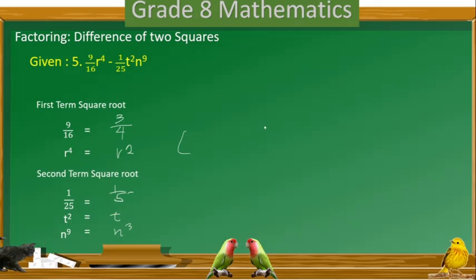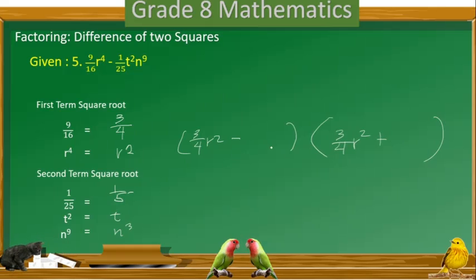So form 2 parentheses, then distribute the first term square root and the last term square root. Okay, 3/4 r squared, then 3/4 r squared, then given sign. Here is opposite.